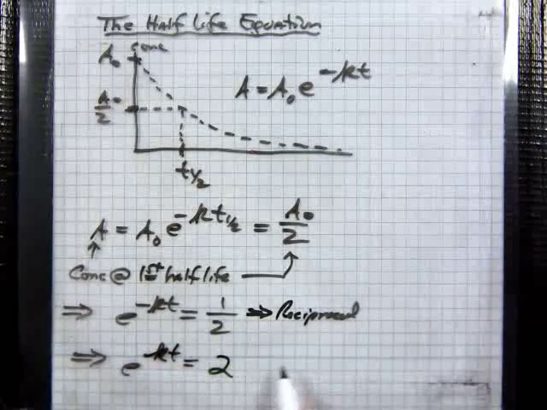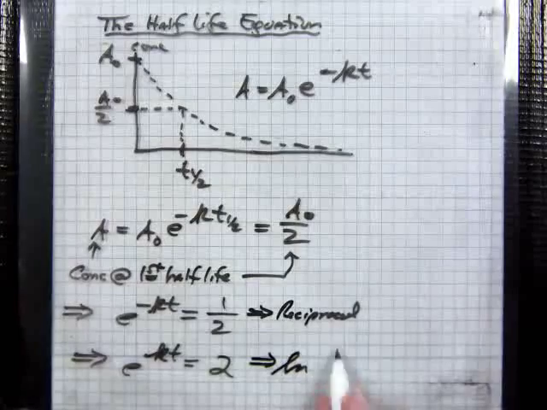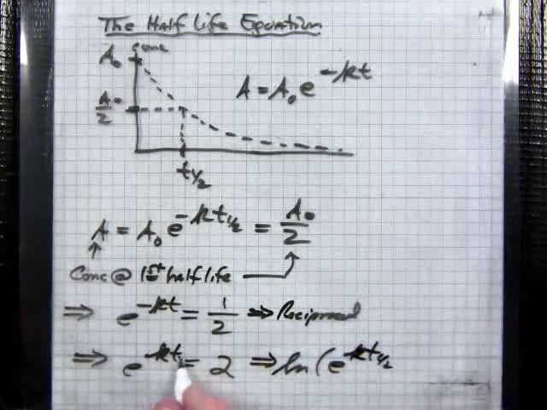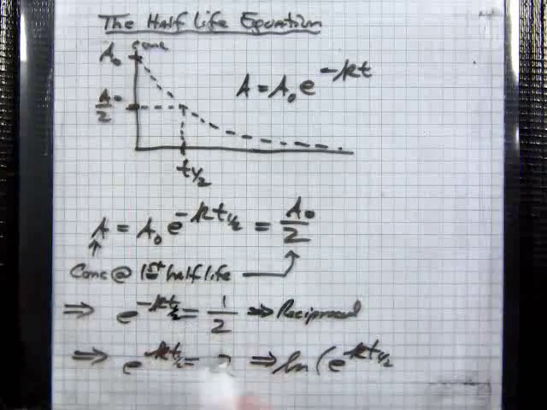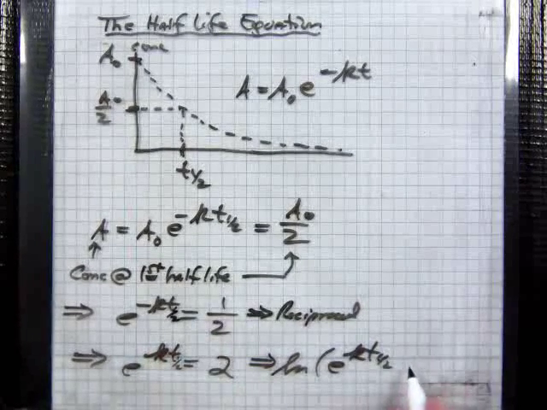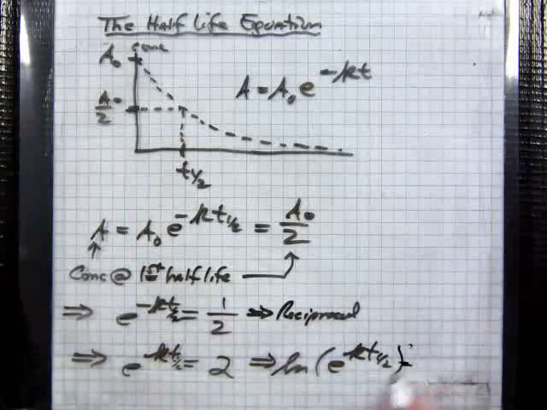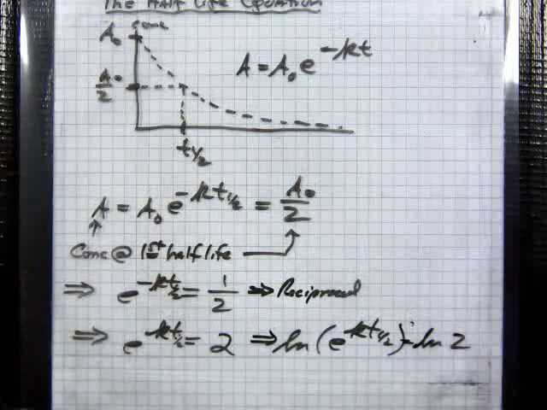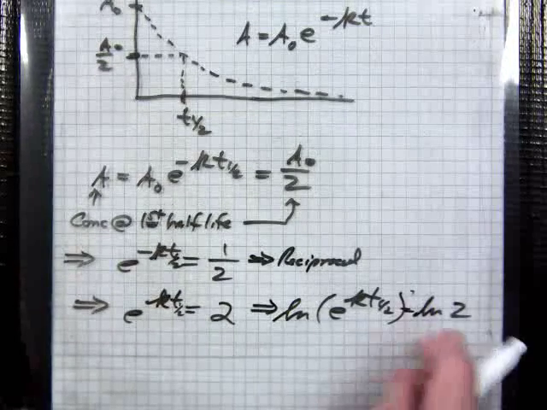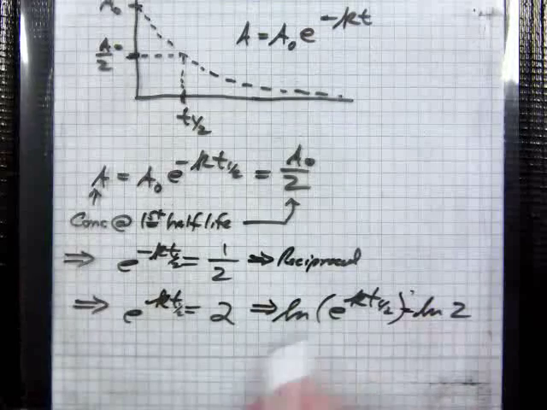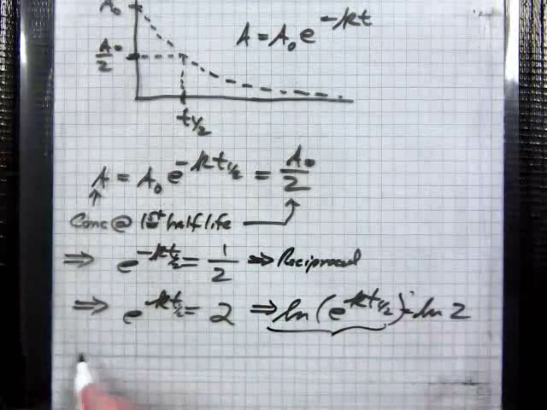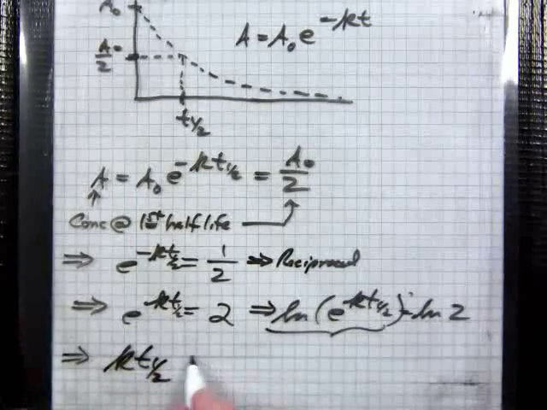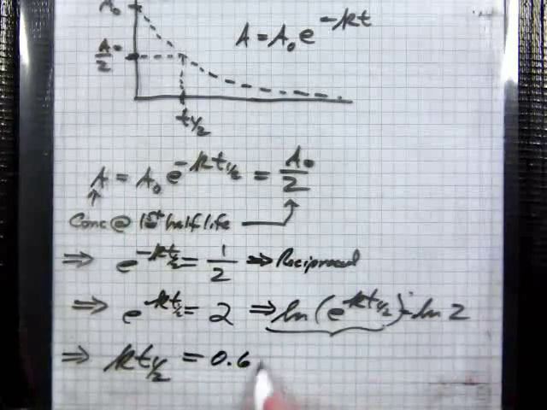And then we take the logarithm of both sides, ln of e to the kt to the 1/2, forgot that, that should be 1/2, because that's what we're doing, equals ln of 2. Well, this portion right here then becomes just simply kt to the 1/2, like that, and ln of 2 is 0.693.